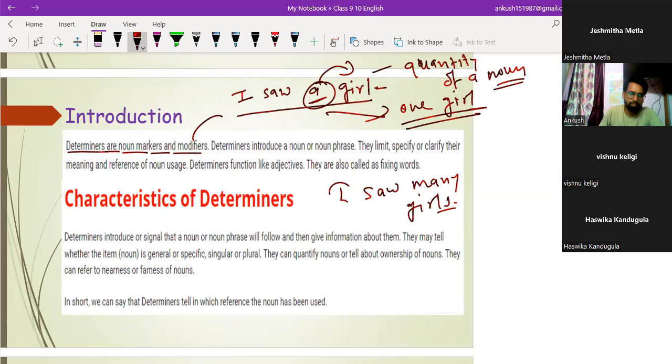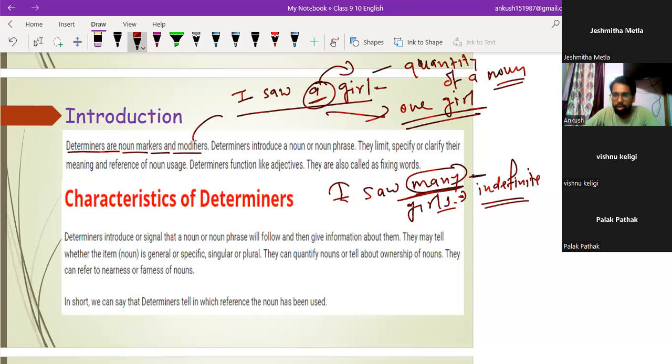Got it? Yes, sir. So, I saw many girls. What is the difference between I saw a girl and I saw many girls? The quantity. Here the quantity is indefinite, because many girls may include 3, 4, 5, or 500 girls.